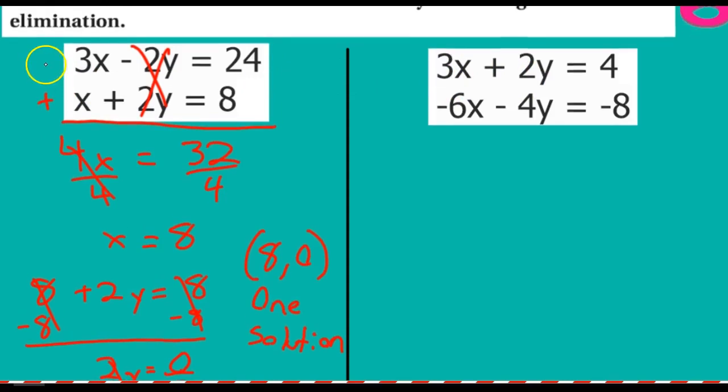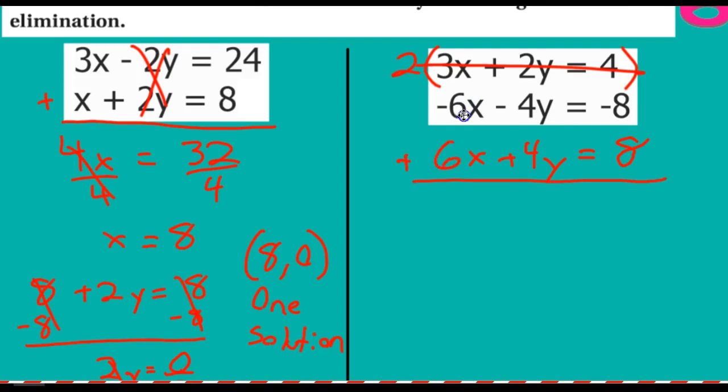So what I know that I can do is I can multiply this top part by 2, and that would give me enough to eliminate some. 2 times 3 is 6x, 2 times 2 is 4y, and 2 times 4 is 8. So if I notice now, I can eliminate both x and y if I add them.